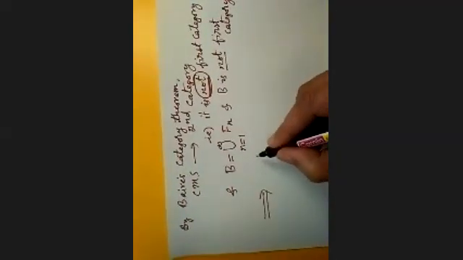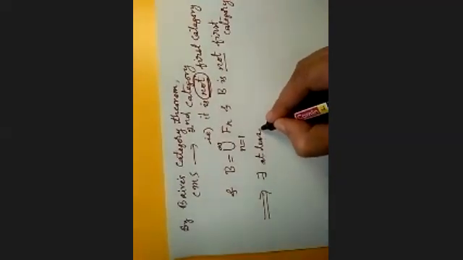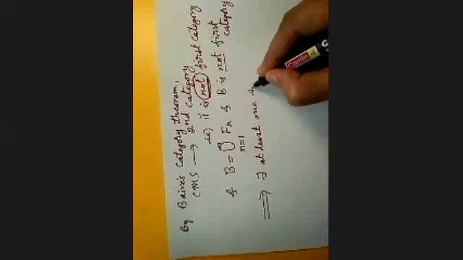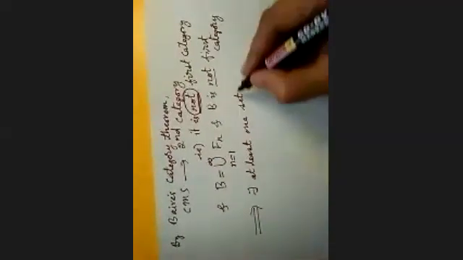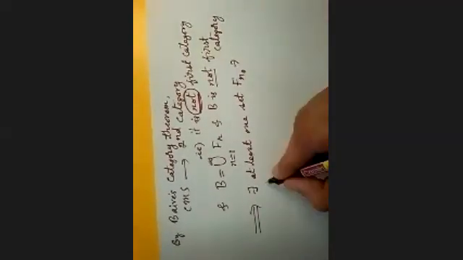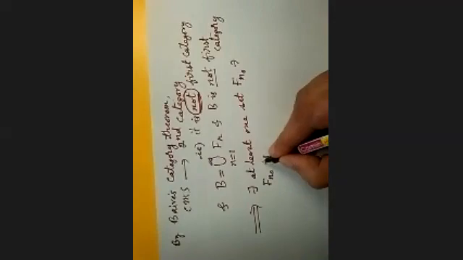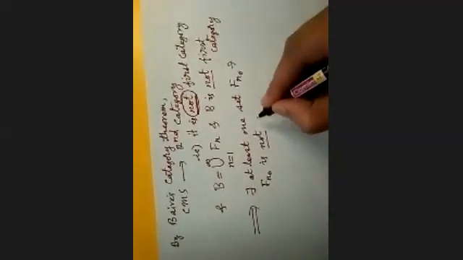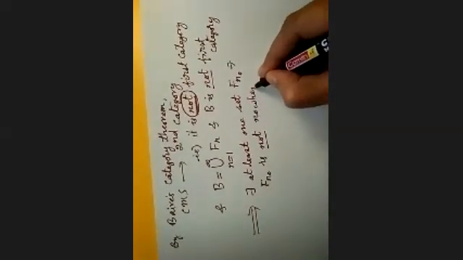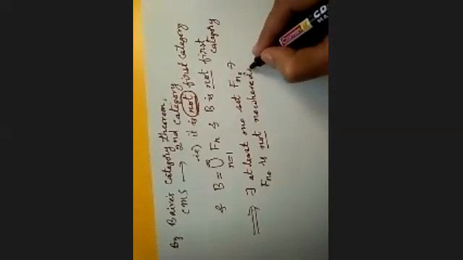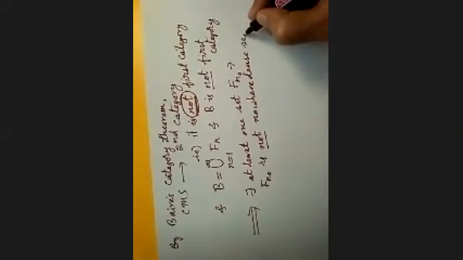So there exists at least one set, say Fn naught, such that this Fn naught is not a nowhere dense set.